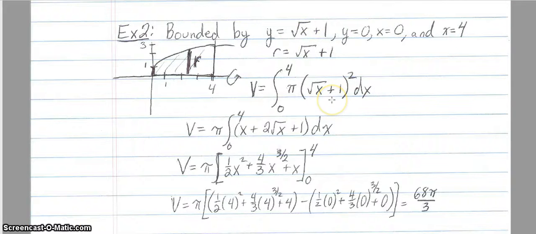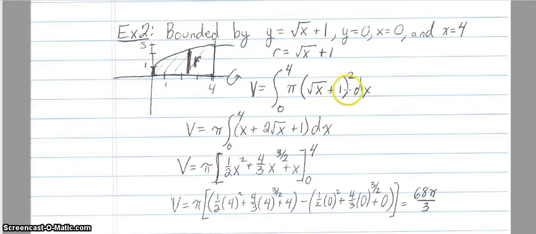Plug it in. No, I'm not going to try u-sub because I don't have the derivative of the square root of x plus 1 anyplace else in the integrand. The radical got me thinking about that. So actually, the nicest way is just to go ahead and simplify. That's what we did.